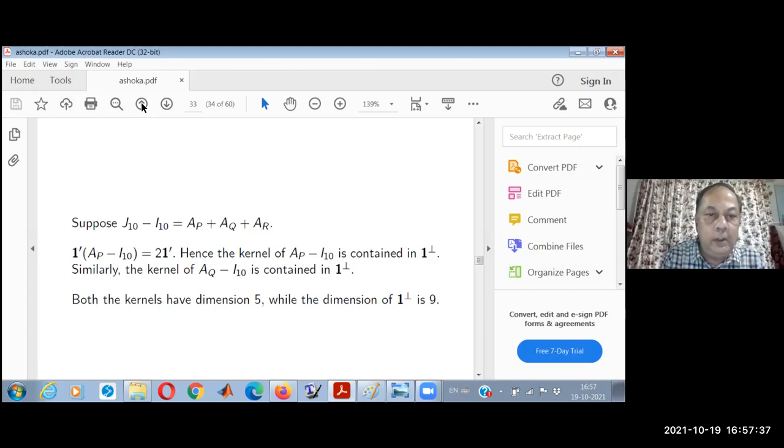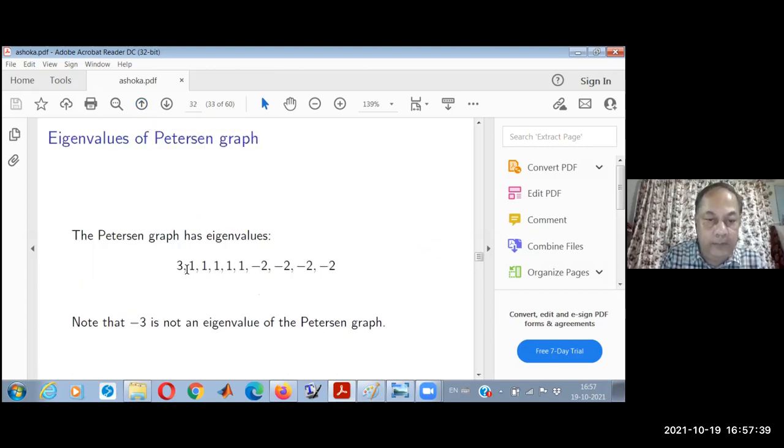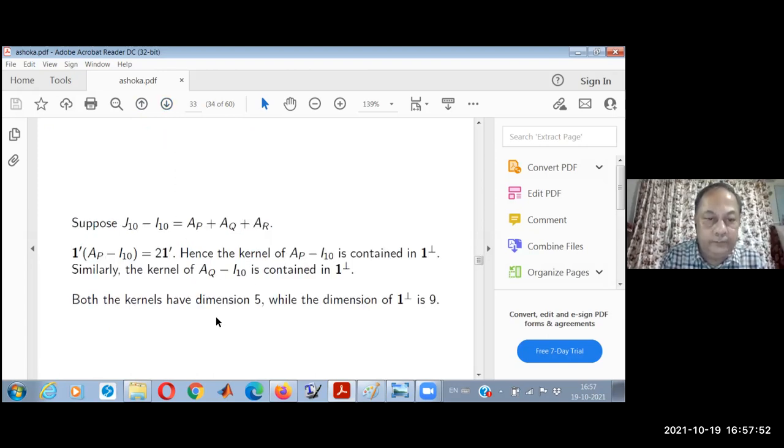Why? Because if you look at the eigenvalues of the Petersen graph, and you subtract the identity, then the eigenvalue 1 will vanish, so it will have 5 zeros. So the nullity will be 5 for AP minus I, and so the rank will be 5. I really need the nullity only. So both the kernels have dimension 5. Here is one place where I have used the eigenvalues of the Petersen graph.